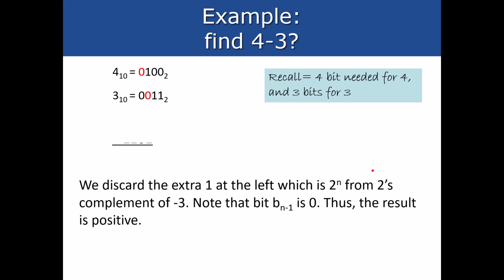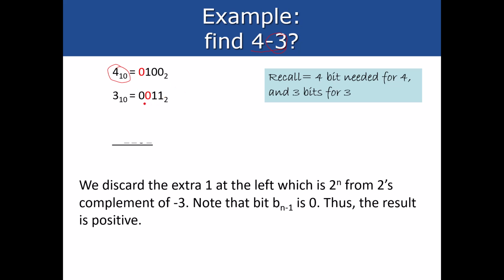Let's do some operations, subtraction in this case. If we want to subtract 3 from 4, then as we mentioned, we need to get the equivalent of negative 3. We know that 4 in binary is 1, 0, 0, 0, and 3 is 0, 0, 1, 1.